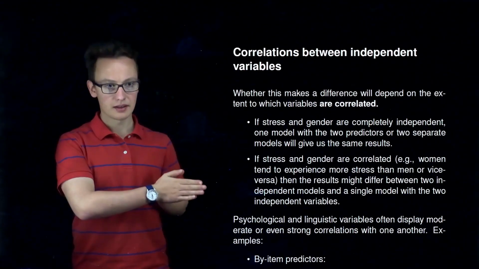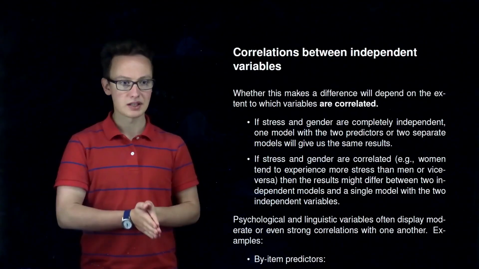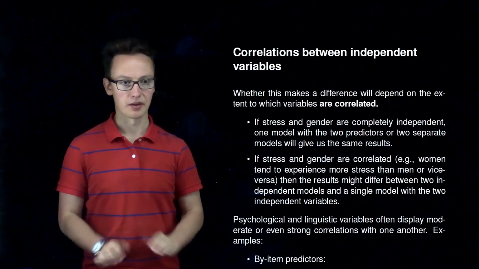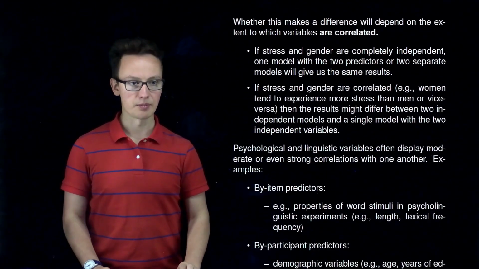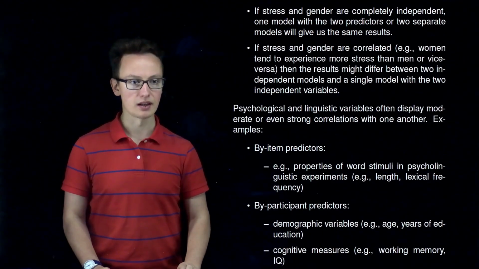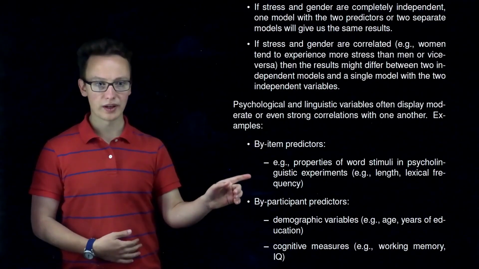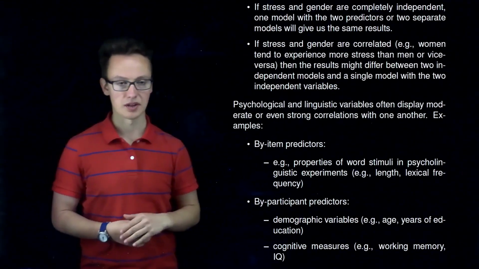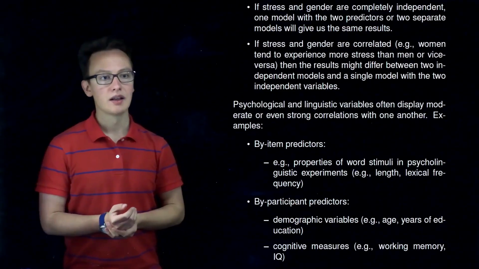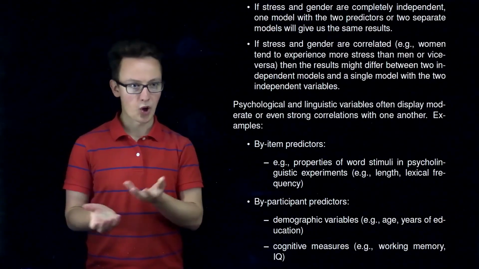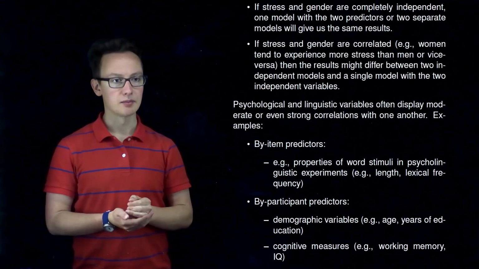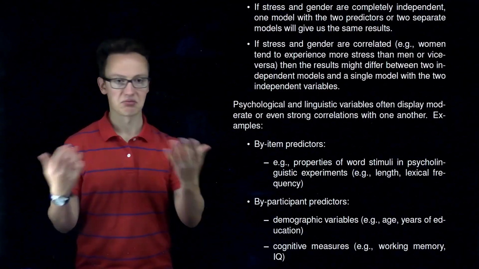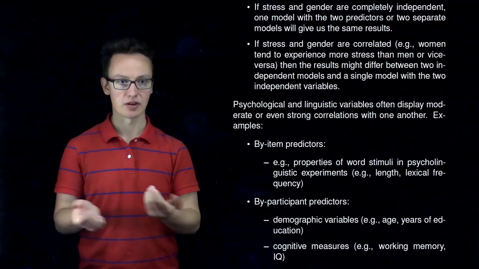And in fact, psychological and linguistic variables often display moderate or even strong correlations with one another. So some very prominent examples could be, on the one hand, by item predictors. If you have different stimuli, different words or different sentences in your psycholinguistic experiment, then you might have some word property like lexical frequency, how often the word appears in sentences in the particular language in general.